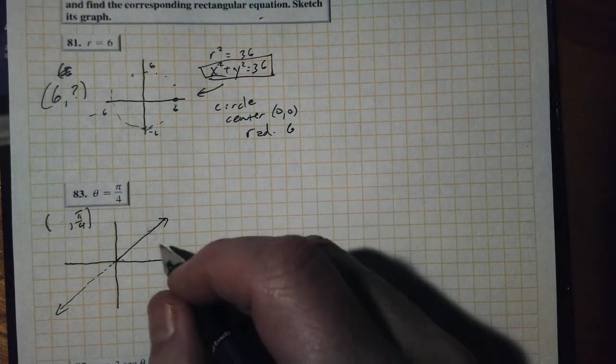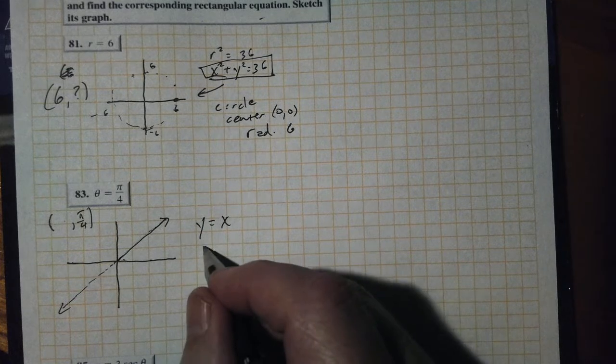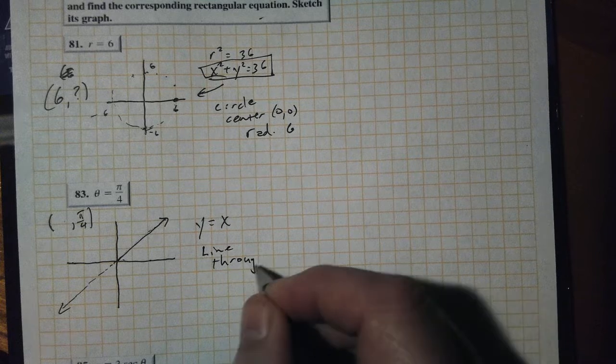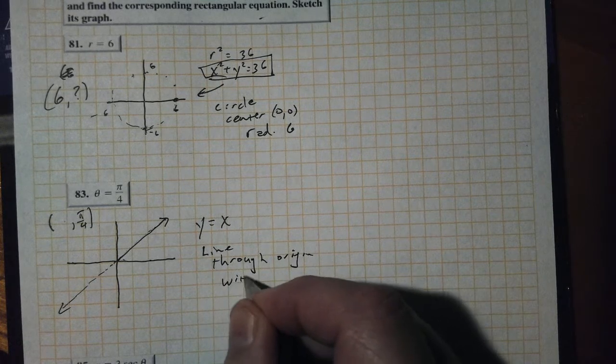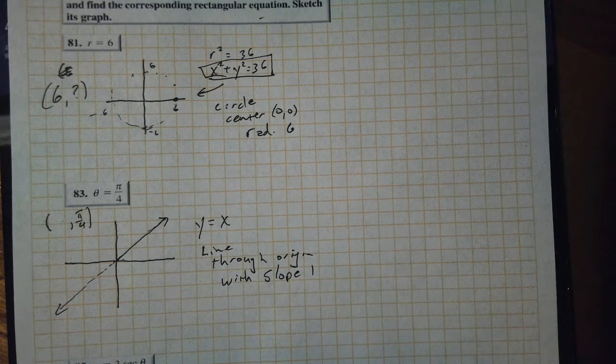So this is just the line y equals x. So I guess it's a line, I'm going to say through the origin with slope 1. That's a pretty reasonable description of it.